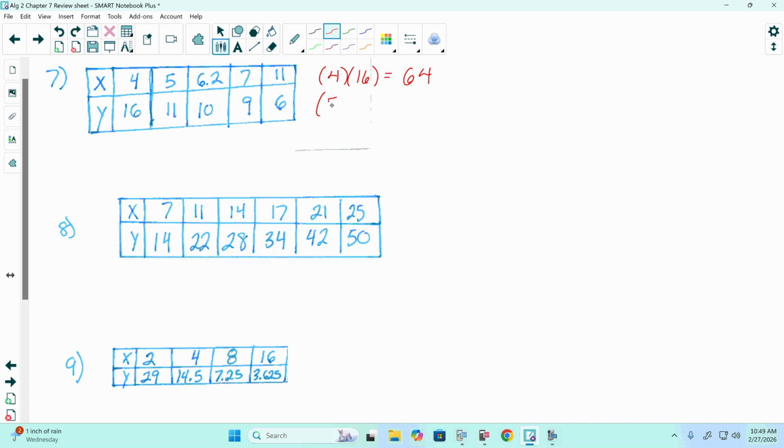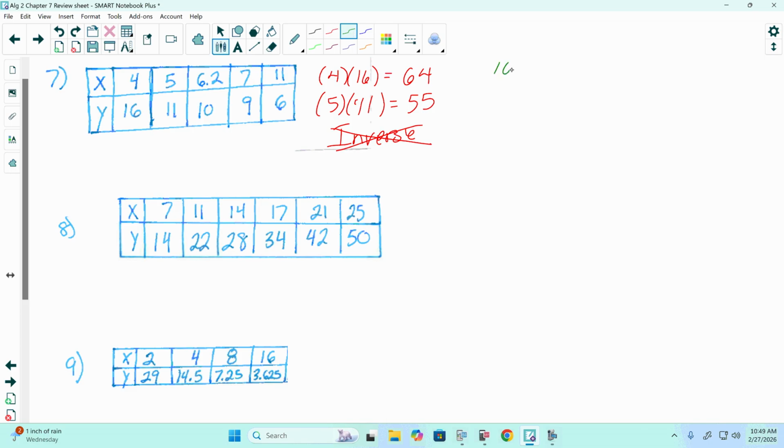Then we can do 5 times 11. Well, 5 times 11 is 55. These are not the same, which means it is not going to be inverse, because if it is inverse, that value that we get from multiplying each of the pairs of x and y together should be the exact same.